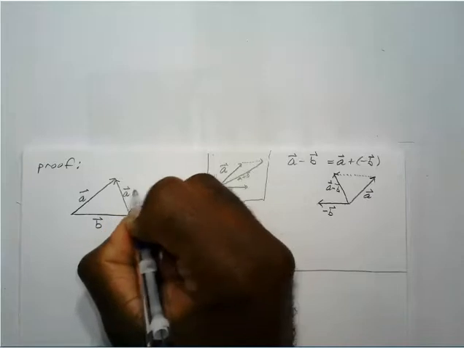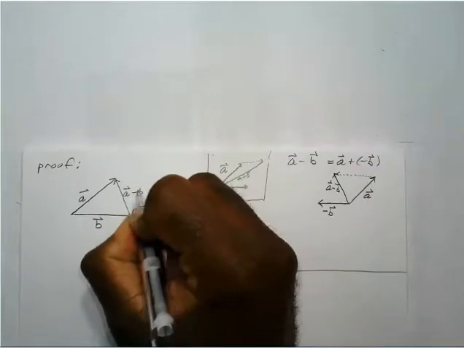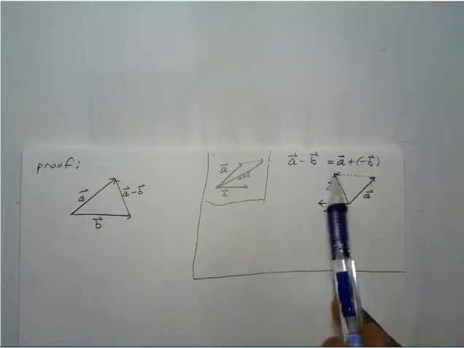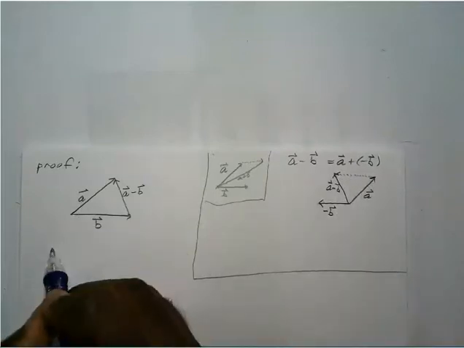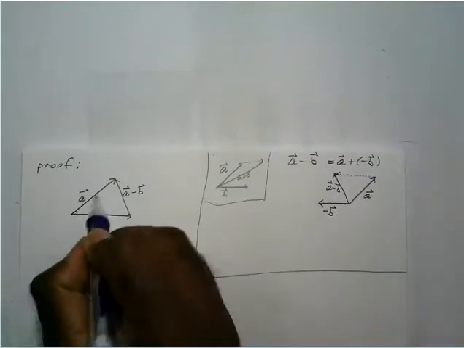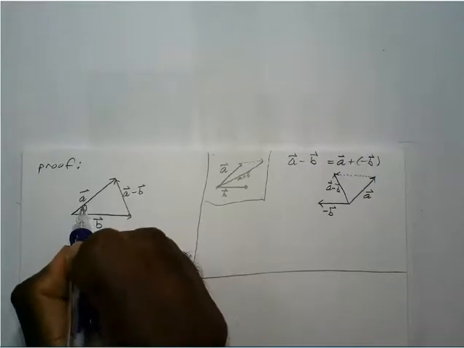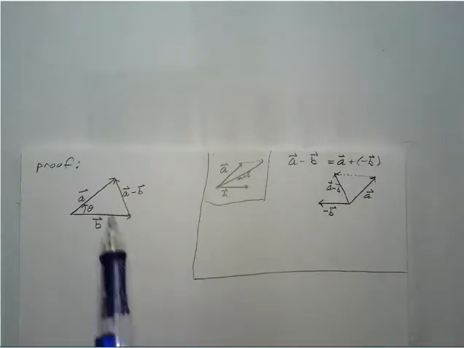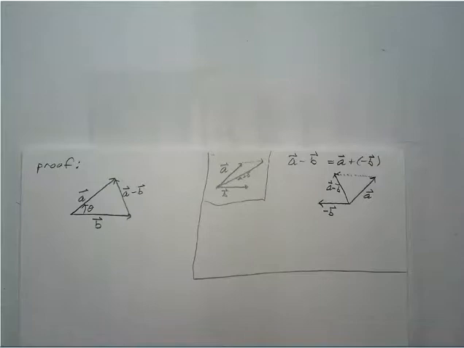That's how we get our little thing there. And connecting our A and B is our theta. We are going to use this triangle to prove our theorem.